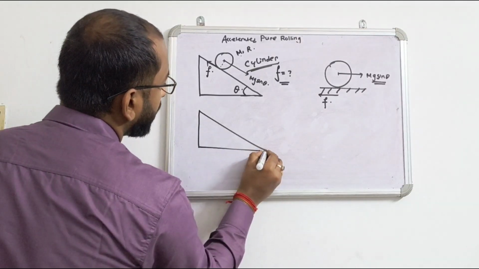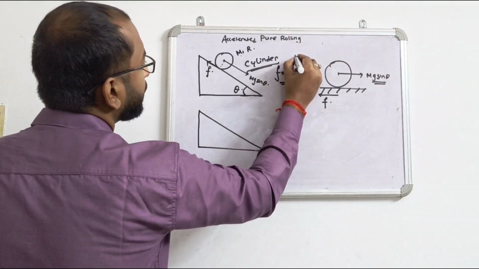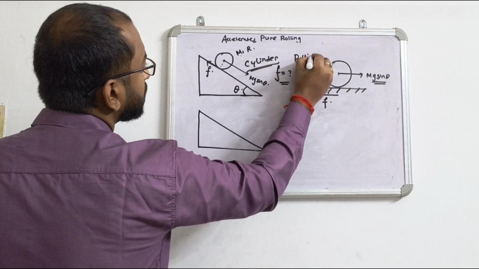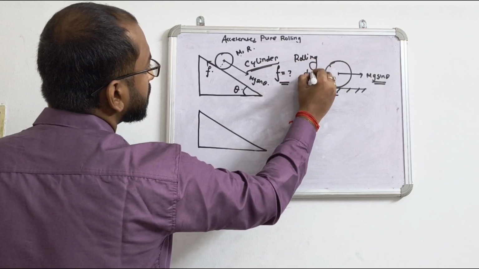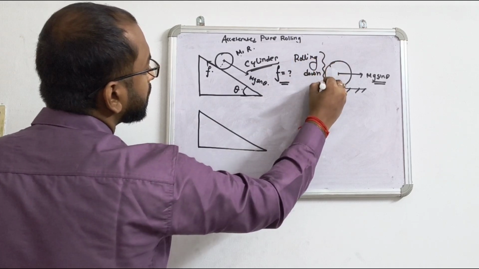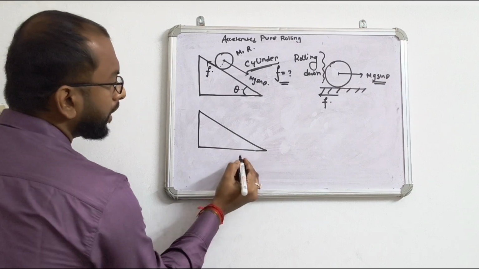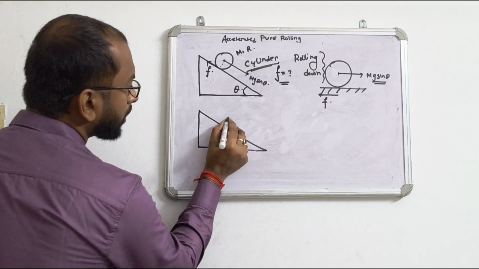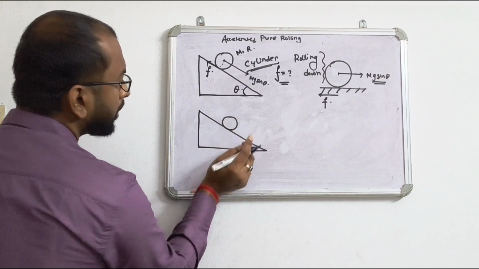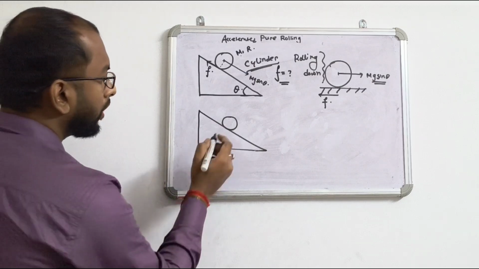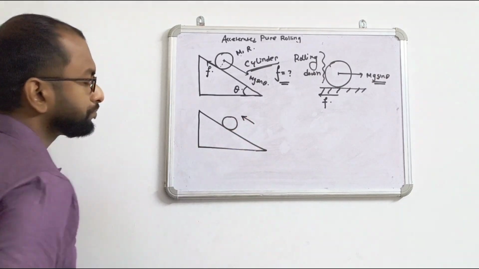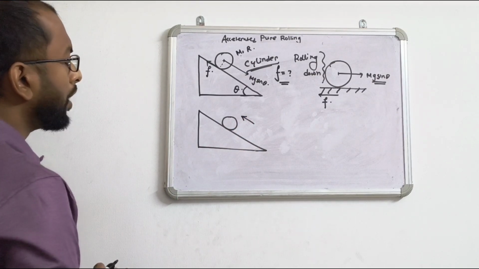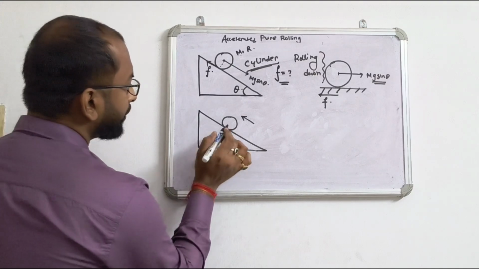Now it is rolling down. So this is the case of rolling down. Now let's say I have thrown one sphere, or let's say I have thrown one cylinder up the inclined plane. What is going to be the direction of the friction force?